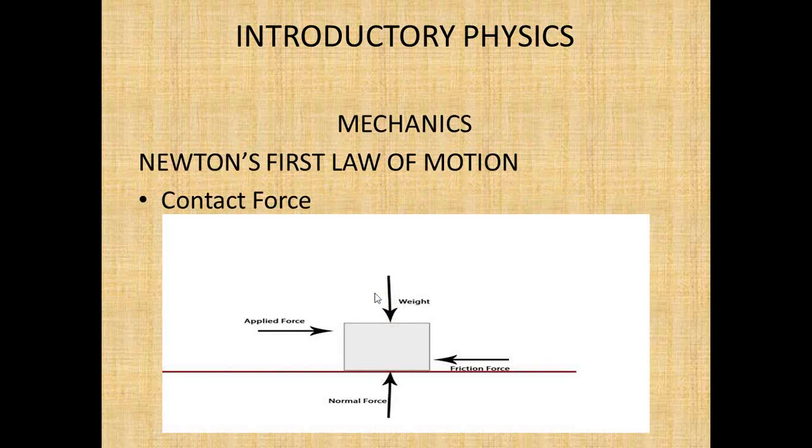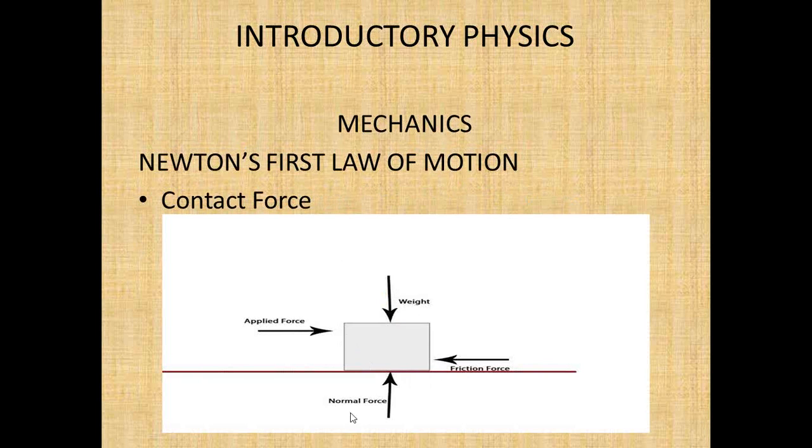All right. Again, contact force. Gravity, or the weight of the object, is downward. Normal force is upwards. Once you're on a stable surface, you'll be supported by it, so that stable surface is going to push upwards on you. If the applied force is to the right, then the friction will oppose the motion, so it's going to be to the left.